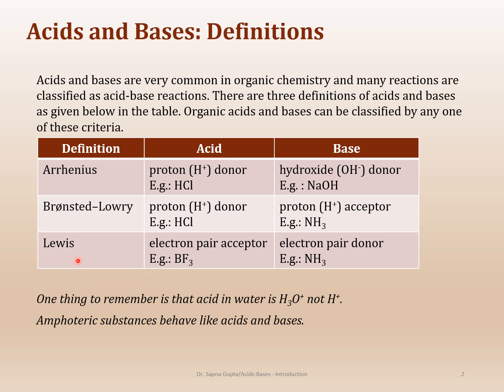And the Lewis theory, as usual, has to do with electrons. Acids are electron pair acceptors and bases are electron pair donors. And you will see that the example I've given here is that of ammonia again. Ammonia in the Bronsted-Lowry theory is a proton acceptor, but here it is an electron pair donor.